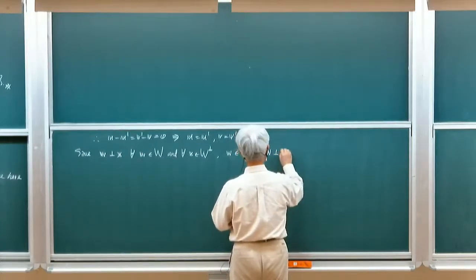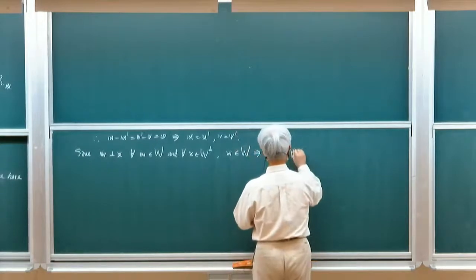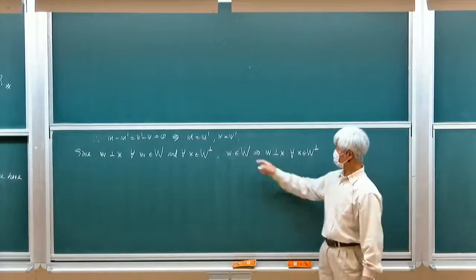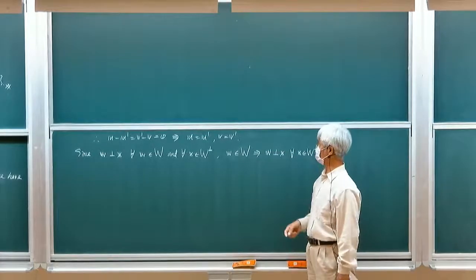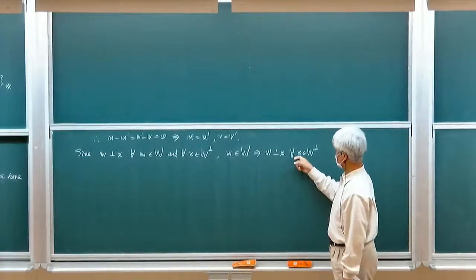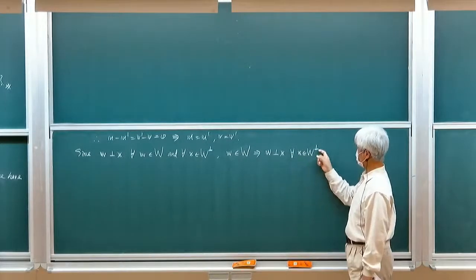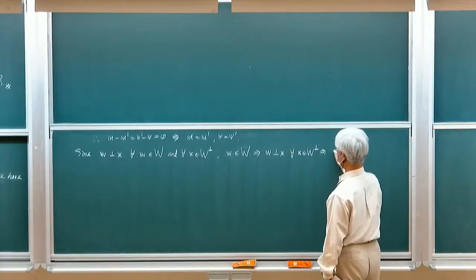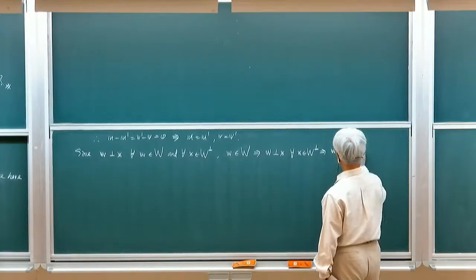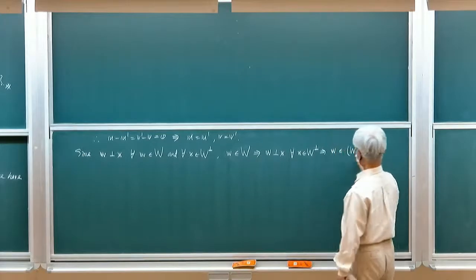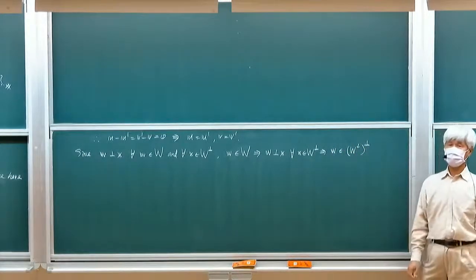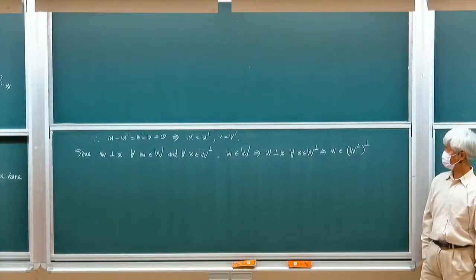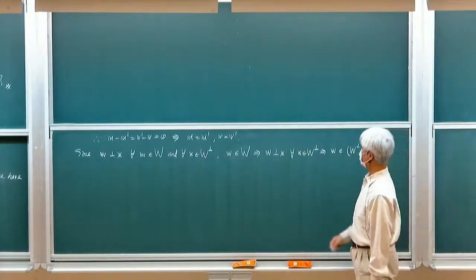So if w is a vector in W, then w is orthogonal to every x in its orthogonal complement. But by definition, this says that w is in the orthogonal complement of W perp.